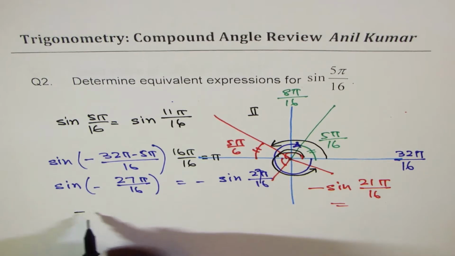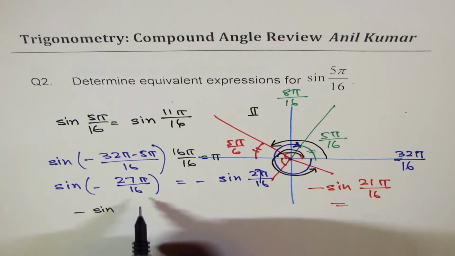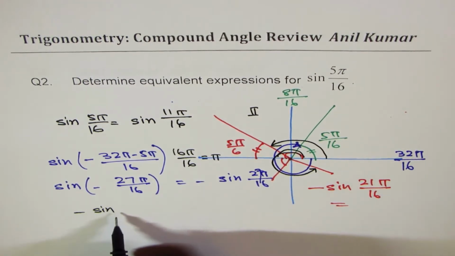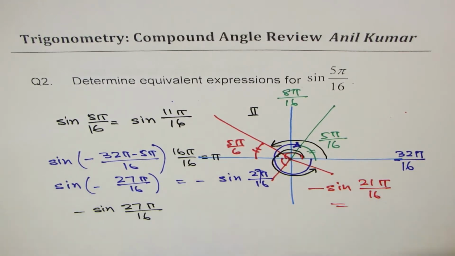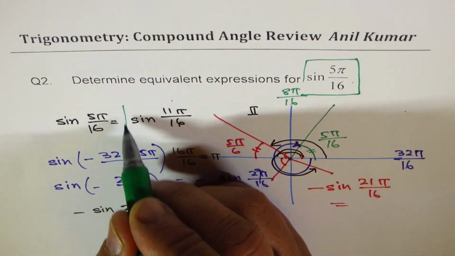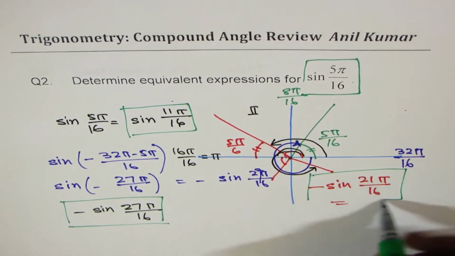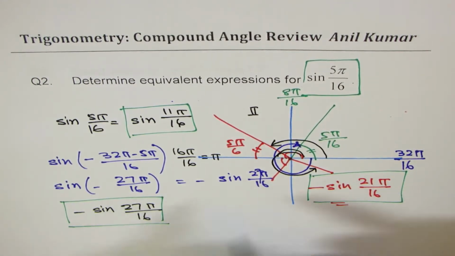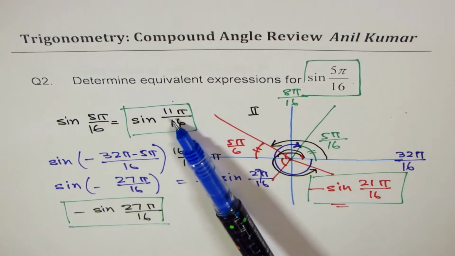So I could also write this as minus sine of 5 less than 32, which is 27, right? So we can write this as minus 27 pi by 16. So effectively sine 5 pi by 16 could be written as 11 pi by 16, minus 27 pi by 16, 21 pi by 16. There are many ways in which it could be written. I hope the concept is absolutely clear. Well, the best answer is the first one which we gave here, right?